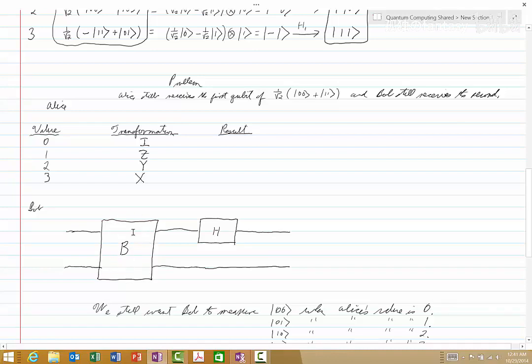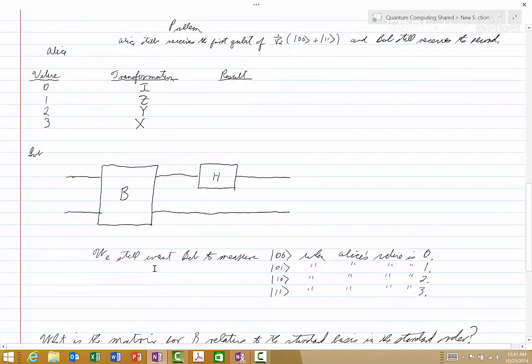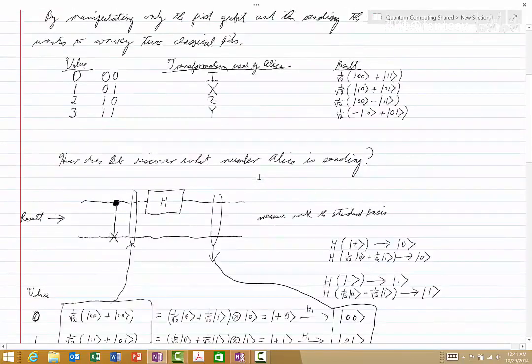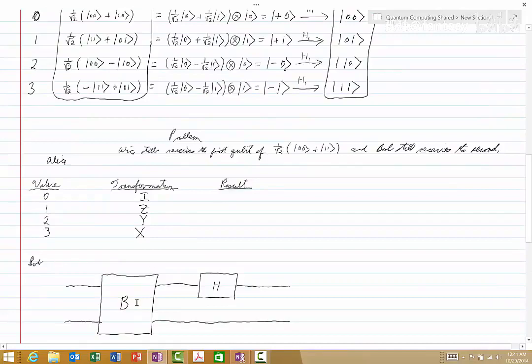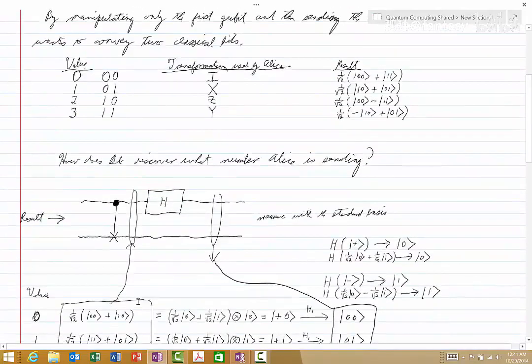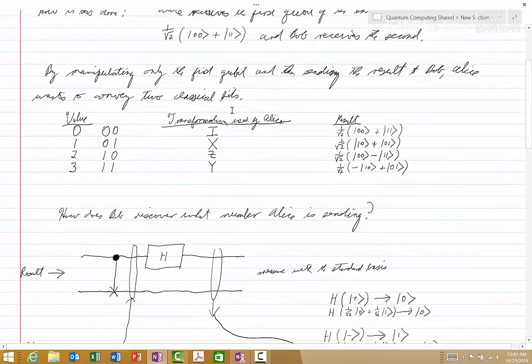What transformation could he substitute that would allow him to end up getting the same results as he would when he uses a C0 gate here and Alice uses this order for the transformations, I, X, Z, Y.